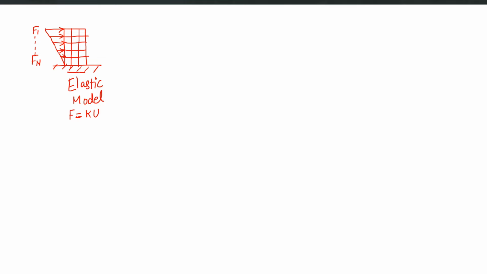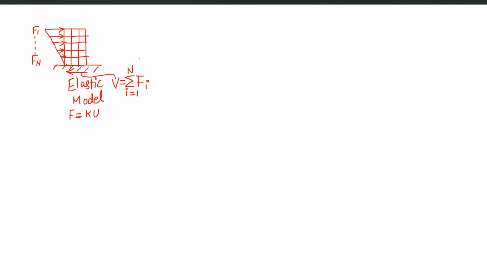The reaction this building develops at the base will be the sum of all those forces. By equilibrium, the reaction at the base equals the summation of Fi, where i is equal to 1 to n. Let's call that reaction the base shear, V. So V is the sum of all those applied forces.